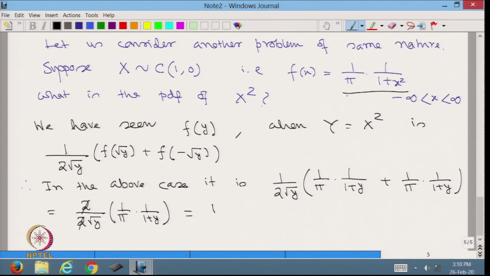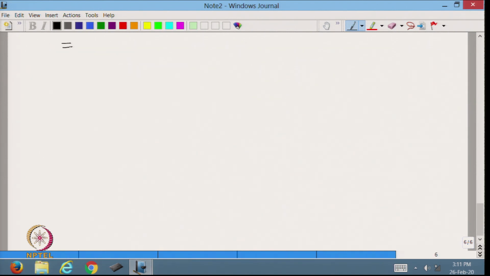Therefore, we get 1 over pi into y to the power half minus 1 upon 1 plus y, which is 1 upon pi y to the power half minus 1 upon 1 plus y whole to the power half plus half. So, this part looks like beta 2 distribution.